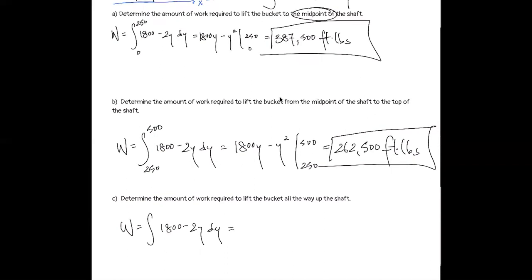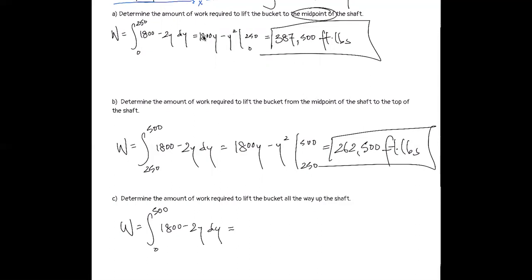What about the bounds for part C? 500. Yep, great job. And thank you for that. So we're going from 0 to 500, okay? Now I could integrate this again, or I could take my answers from part 1 and part 2 and just add them together, right?